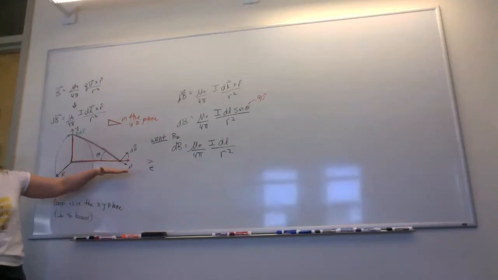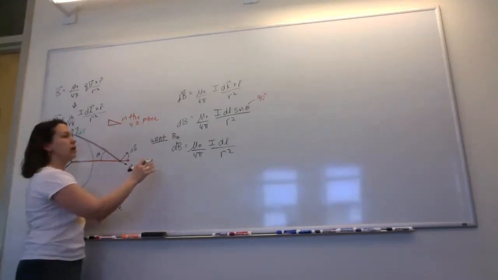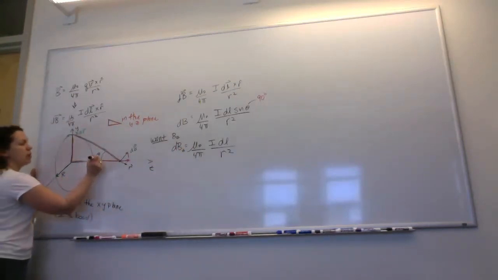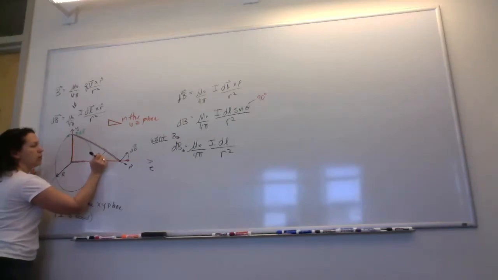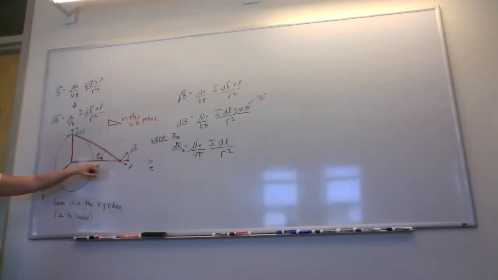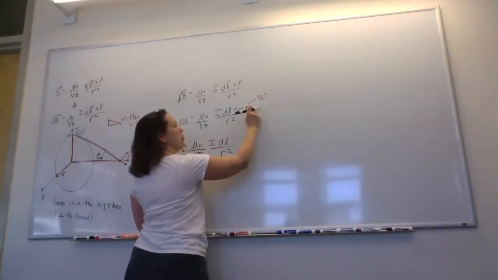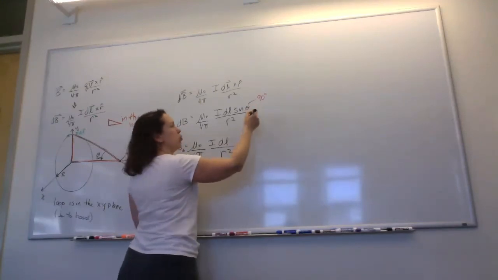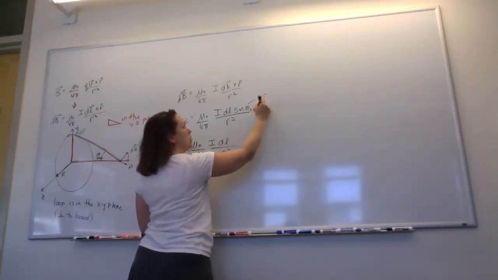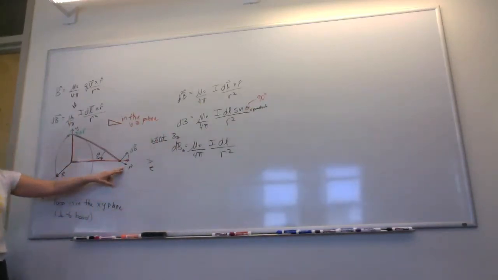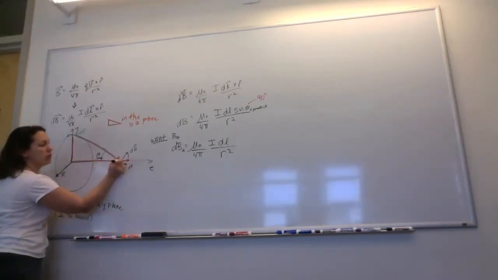I want the part of the magnetic field that lies along the z-axis. So for the z component, let me call this angle the angle between the vectors, the cross product angle. If I just want the z component along this axis, notice that these are perpendicular.